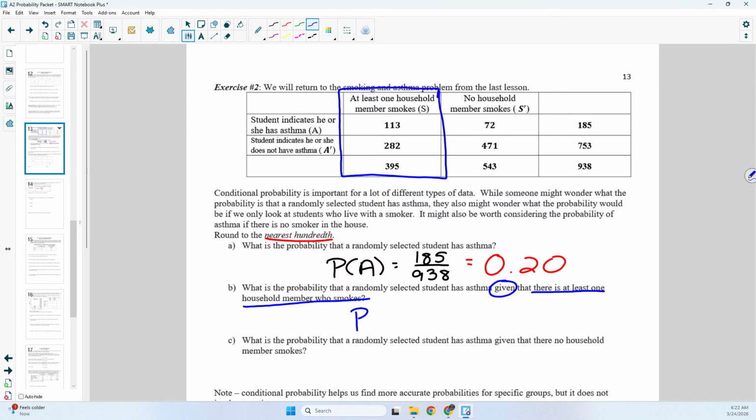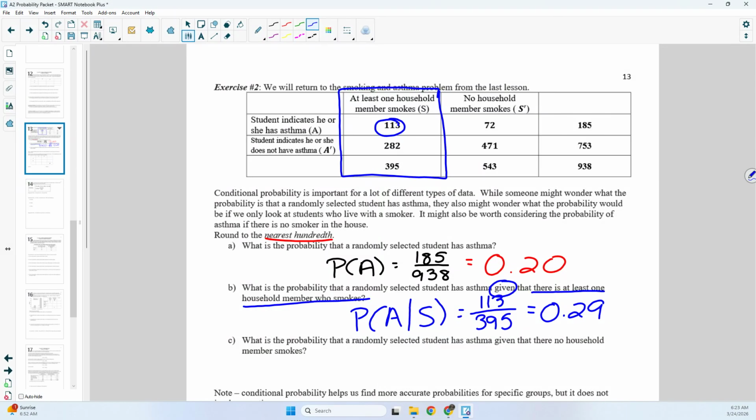The way we would write it, what's the probability the student has asthma, given that we know that there's a smoker in the house. So we can't use the 938. Our total number in that column is 935. And the A number in that column is 113. So when I type this in, I end up getting 0.29.